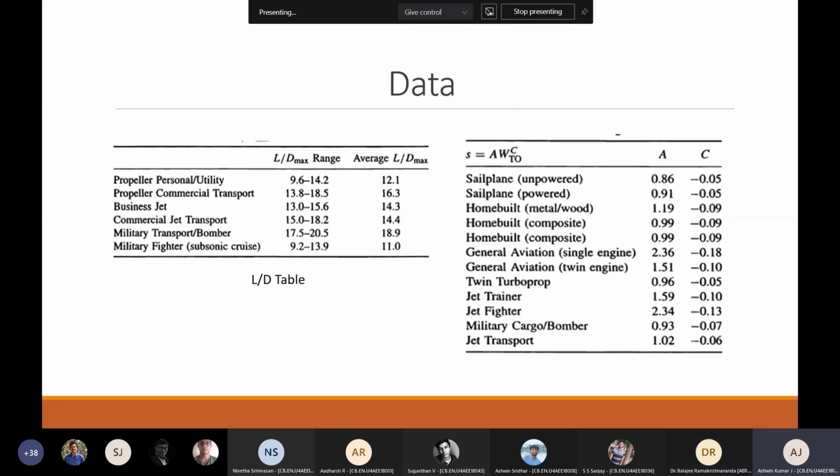Regarding this data, we have chosen L by D approximately 15.6 from this table. The weight fraction we have chosen from the jet transport: it's 1.02 for A and minus 0.06 for C. These data were taken from the Corke book.